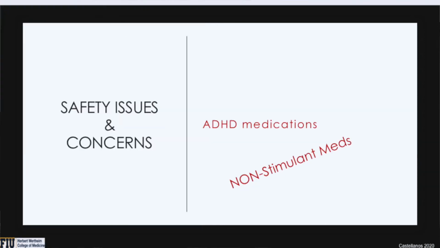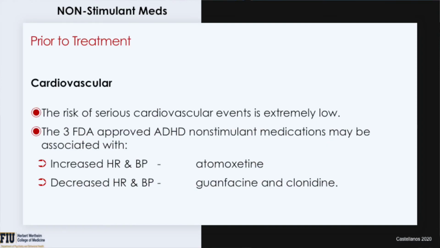Quickly about the non-stimulants, right? Because again, we use the non-stimulant medications, which either include the alpha-2 agonists, guanfacine-based products or clonidine-based products, or atomoxetine, sold commercially as Strattera. Each has some of their own side effects, right? So we know that, for example, guanfacine and clonidine can be associated with decreased blood pressure, as you can imagine. That's how they were originally developed.